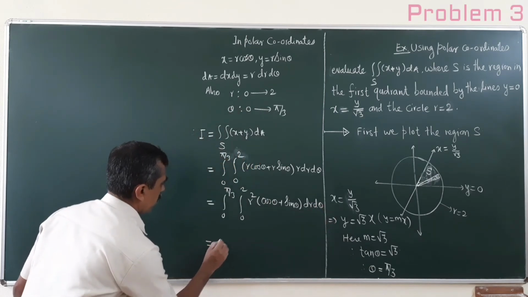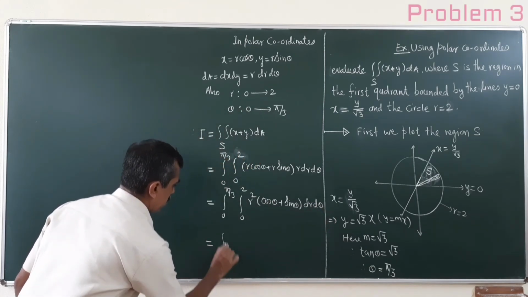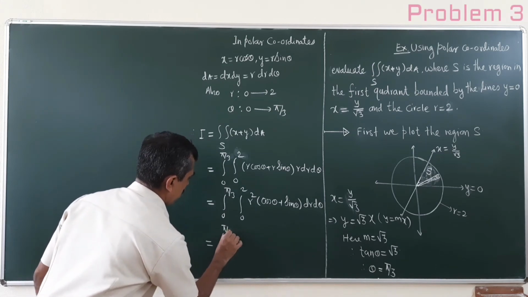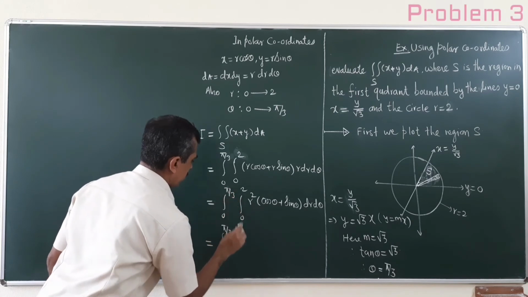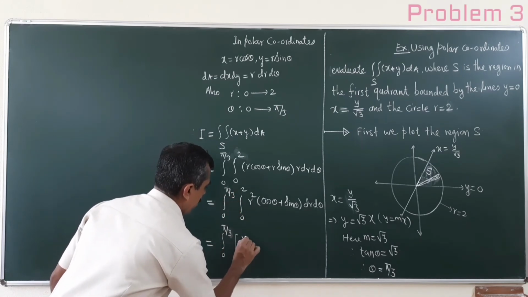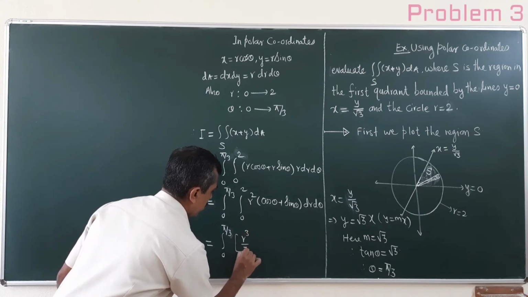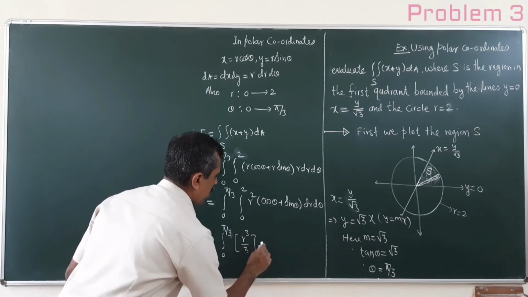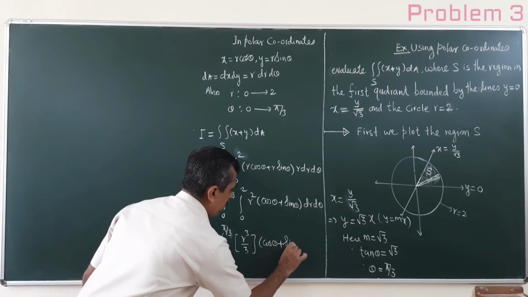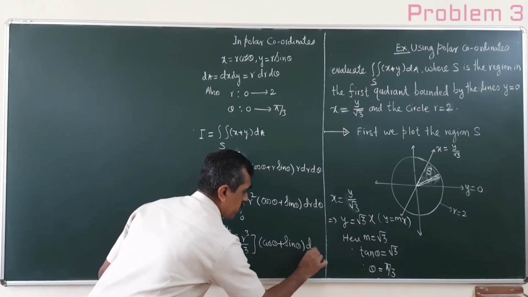So this is equal to integral 0 to pi by 3. What is the integral of r squared? r squared is r cube by 3, cos theta plus sin theta as it is, with respect to theta.